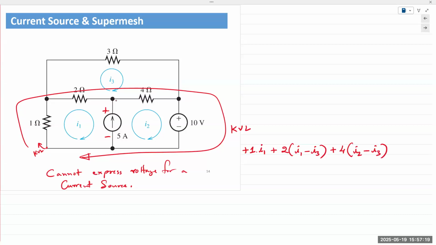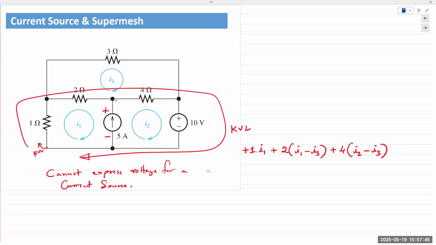Again, even though I'm combining the two meshes to apply KVL, it's only to apply KVL. The two mesh currents still remain independent. Do not combine the two mesh currents, okay? So then I1 applies to 1 ohm, I1 applies to the 2 ohm, and then I2 and I3 apply to the 4 ohm. Does that make sense to everyone? So you can combine two meshes together, apply KVL, and we just simply call that super mesh.